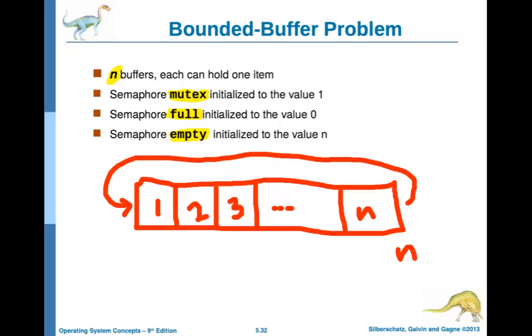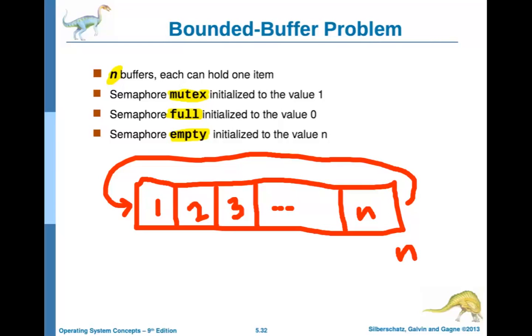So initially nothing is produced, so the value of empty will be n. You just need to make sure that full plus empty is equal to n. That is as simple as that.